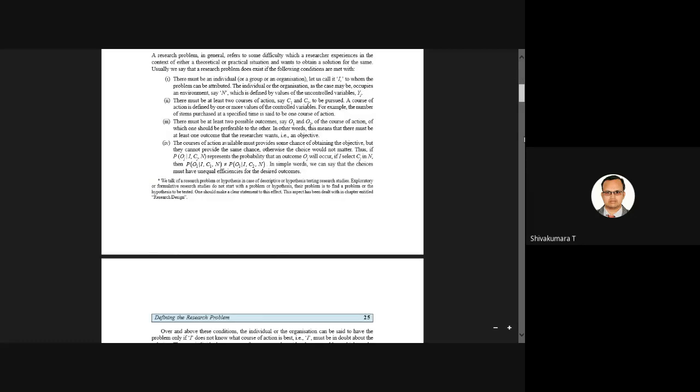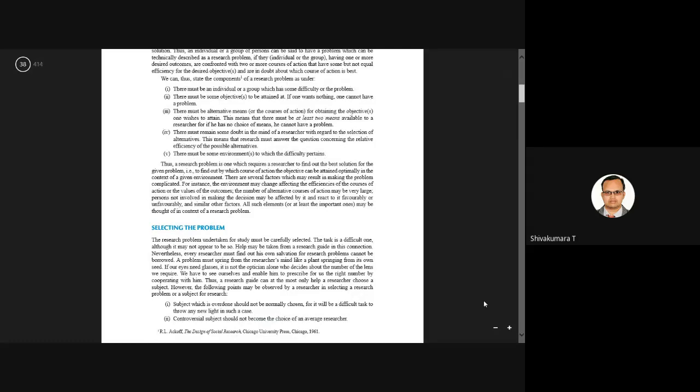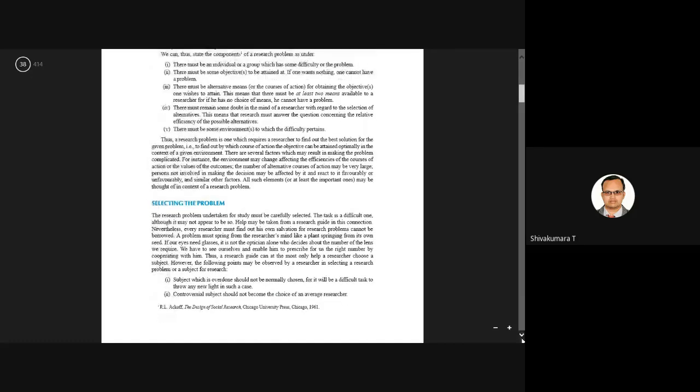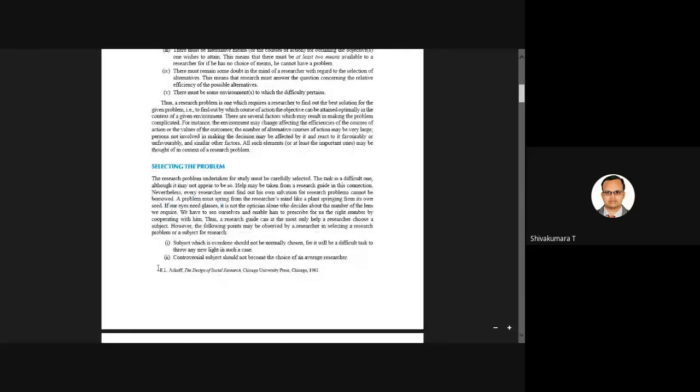Okay, also you might observe here at the bottom of the page, there is a number with some references given. This is called a footnote. It is used here in this current page: R. L. Ackoff, The Design of Social Research.